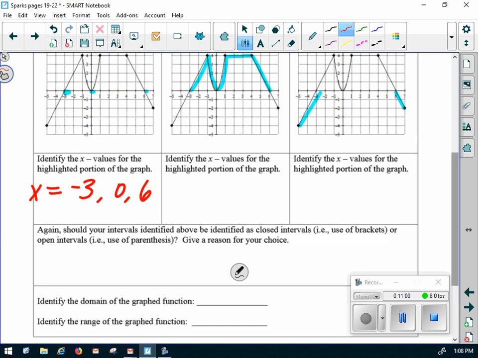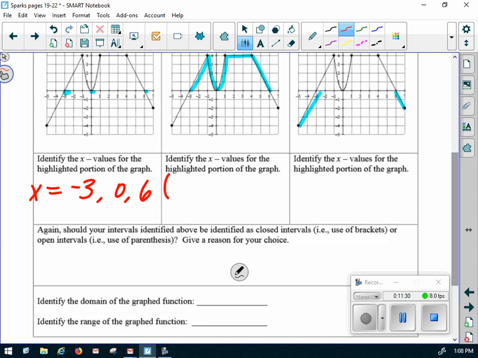Identify the x values for the highlighted portion here. Now, remember we're above the x-axis. How are we going to indicate using interval notation? Where do we start? Is -3 included? No, because is this point above the x-axis? No, its y value is 0, which is on the x-axis.